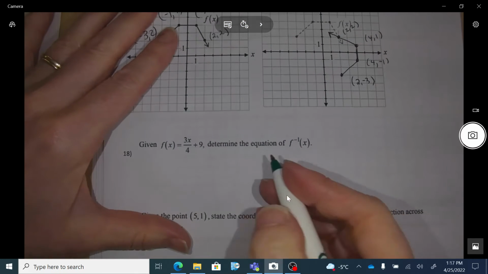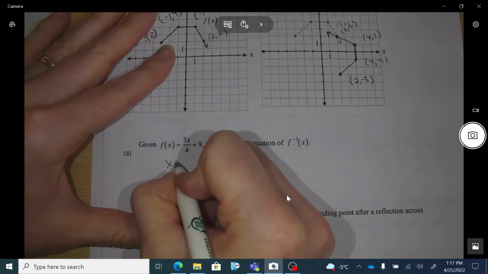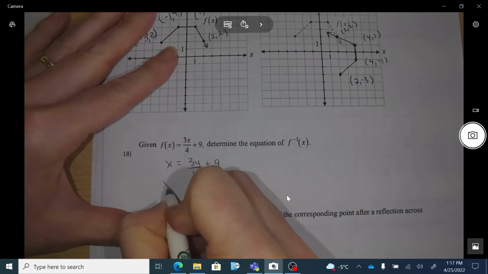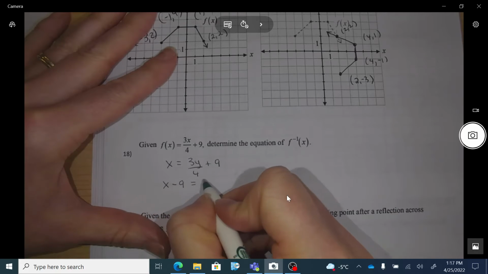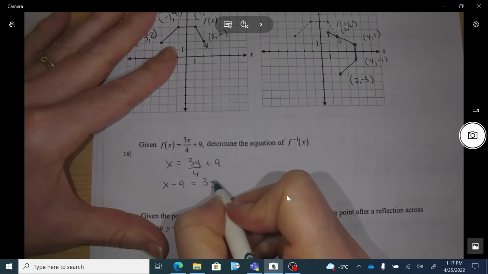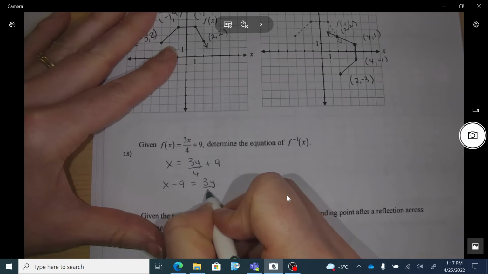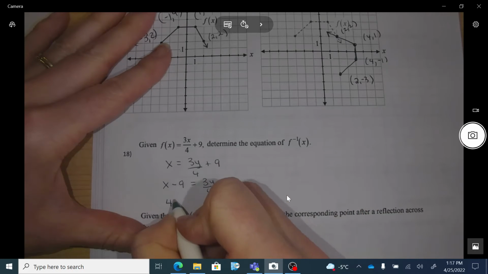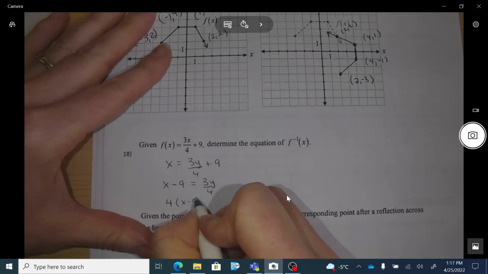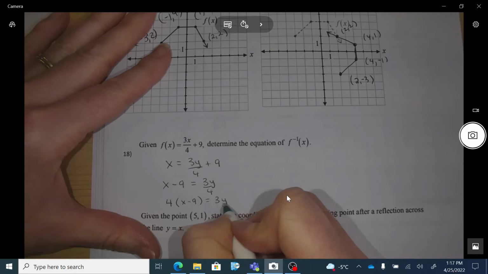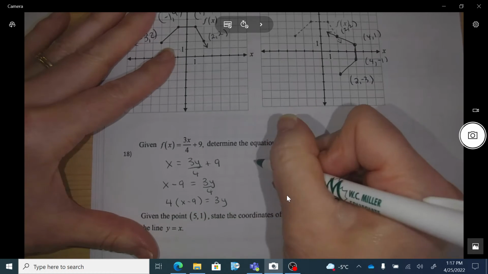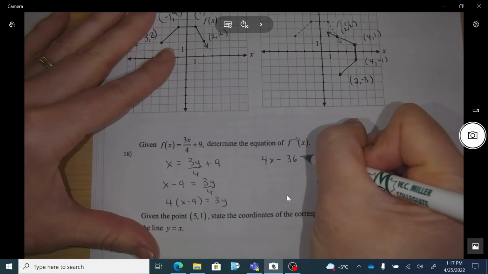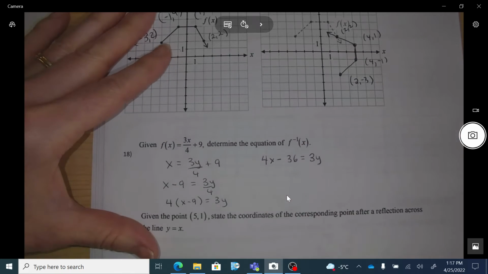Determine the equation of the inverse. So this y becomes the x, this x becomes the y. I'm going to subtract 9. I'm going to times by 4. Which would be, if I wanted to do that, 4 times it.